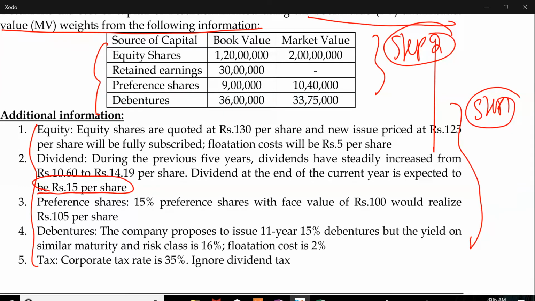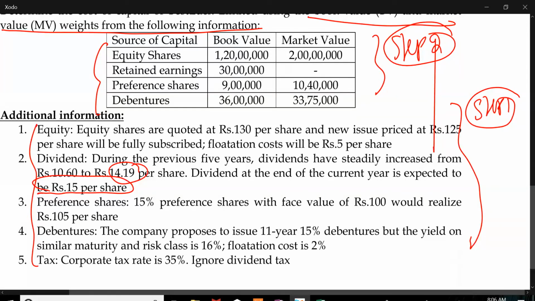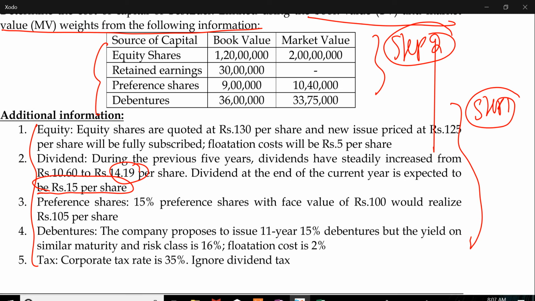That is, from 14.19 it will become 15. So there is a growth even for the current expected year. Now listen, in the calculator, 15 divided by 14.19 minus 1, into 100 to get the percentage.